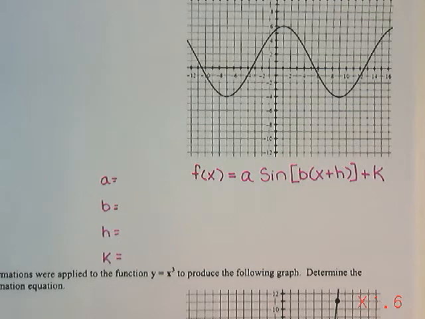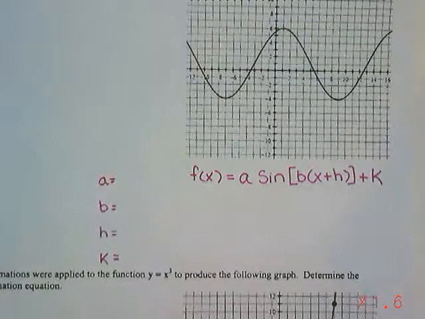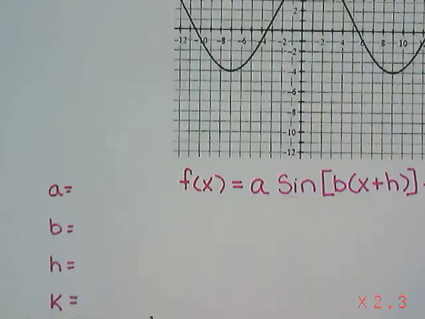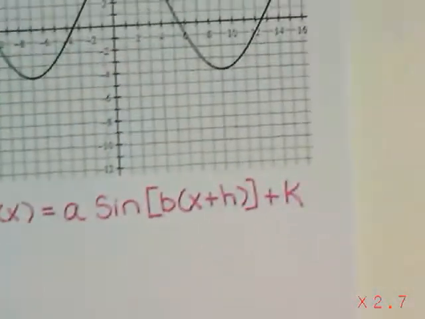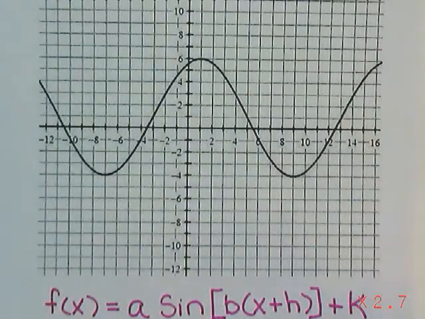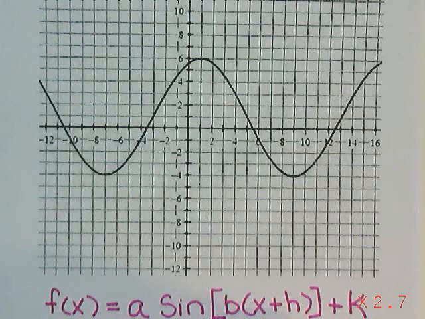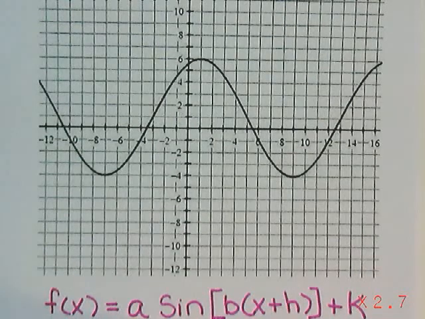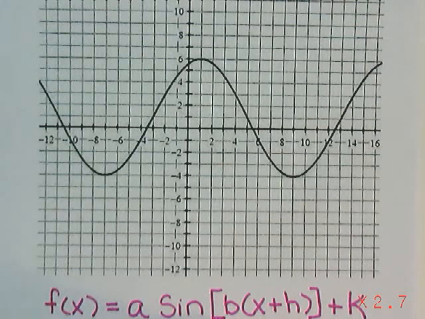Okay, so I'm going to zoom into this graph a little bit, make it bigger so that we can see a little bit better. So a, b, h, and k all relate to different features of the graph, right? K traditionally is the midline. H is related to the phase shift, A is related to the amplitude, and B is related to the period.